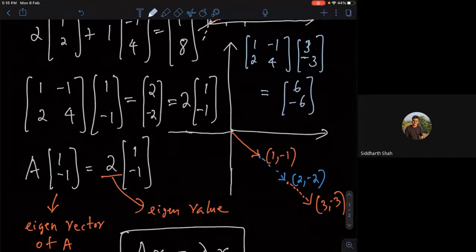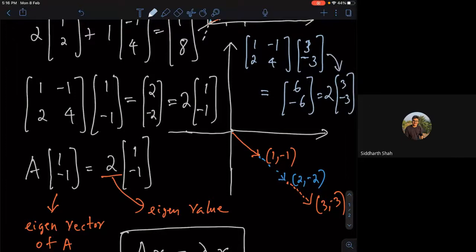So I wrote the answer, but now let me just verify it. So, first entry is 3 plus 3, 6, and the second entry is 2 into 3, 6, minus 12. So it's 6 minus 6, right? So this is correct. And this is equal to 2 times 3 minus 3, right? So again, it has doubled this eigenvector. So that's right. Okay.